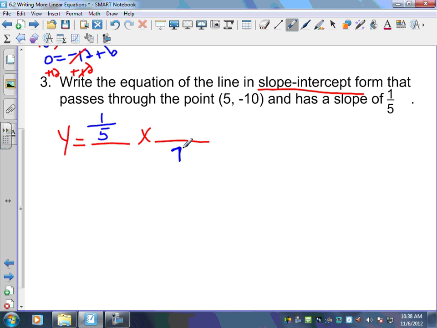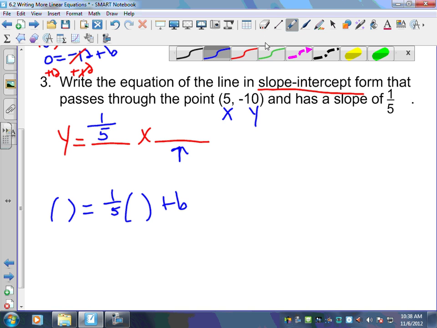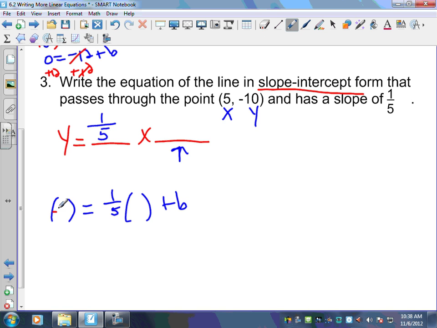I need to find my b. So, y equals 1 over 5 times x plus b. This is my x value. This is my y value. My y goes over here by itself on the other side of the equal sign, so I put negative 10 here. I'm going to put 5 here.